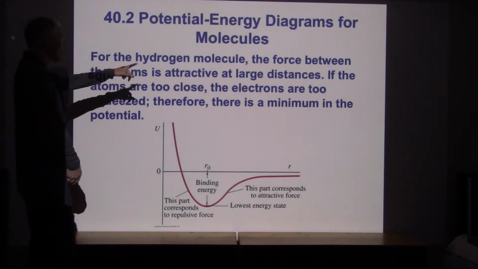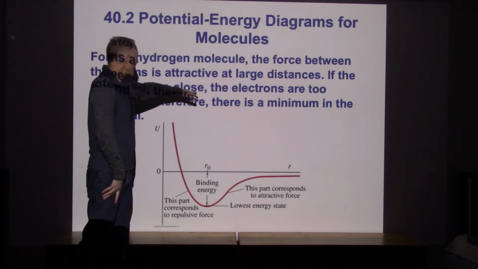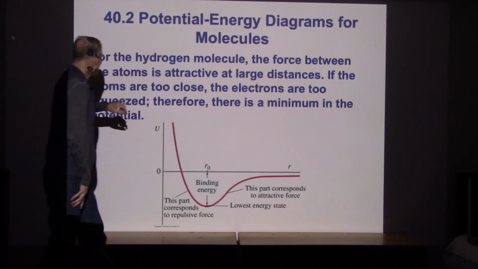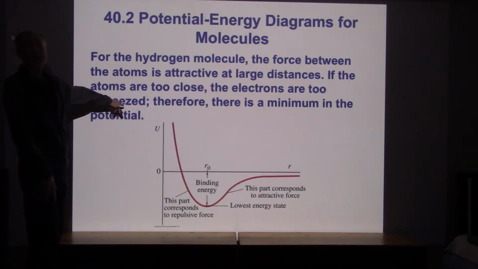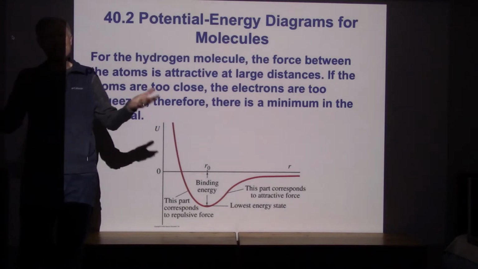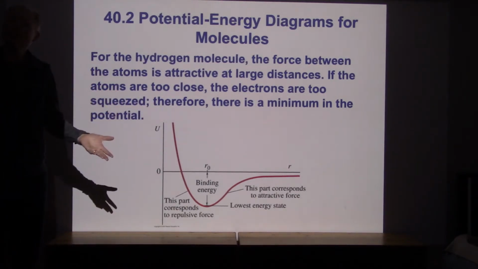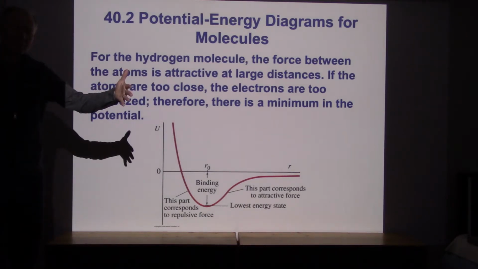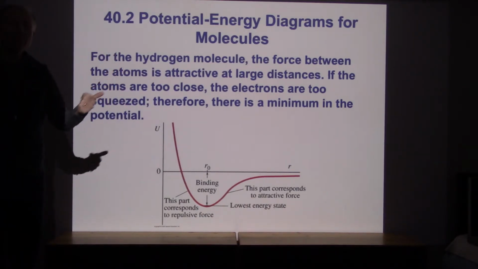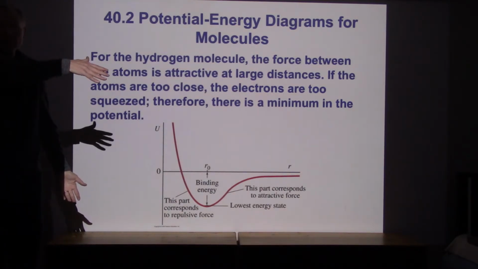So I do like the phrasing they have here. What they say is, as the atoms get closer together, the electrons are too squeezed. Okay, so you can imagine the electrons going, we're too squeezed, we're too squeezed. So what too squeezed means here is the kinetic energies are going up, and that's preventing the collapse from continuing. So it's totally an energy calculation.